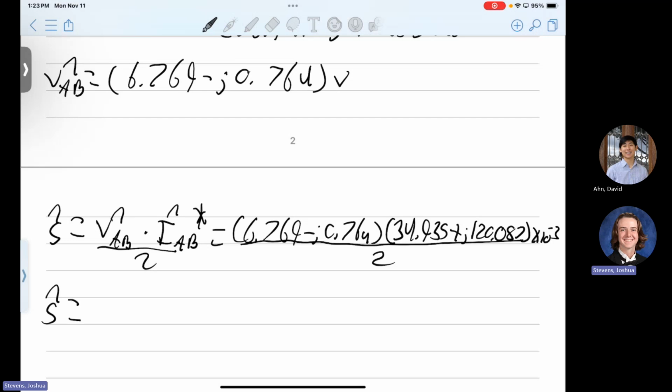So S gives us a value of 1.228 plus j 0.273. And what is S in? Yep, volt amperes.